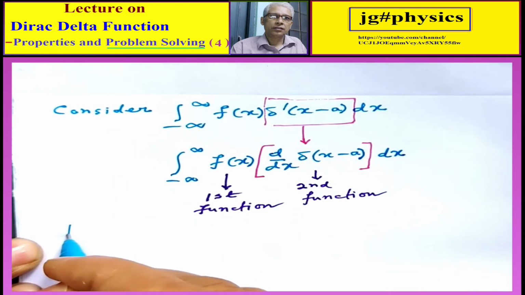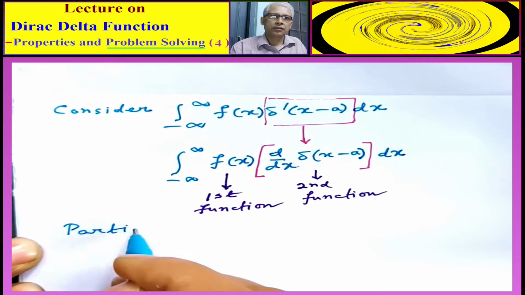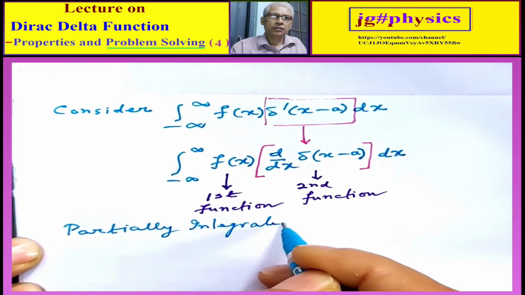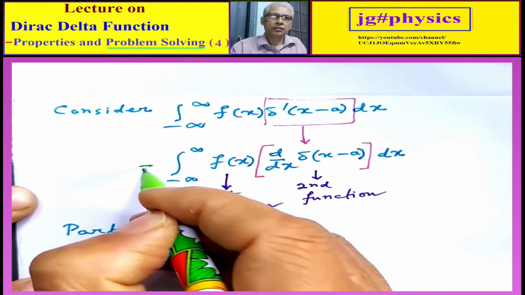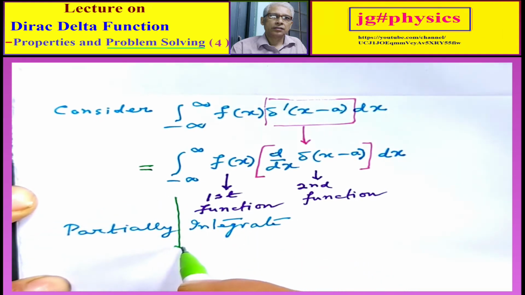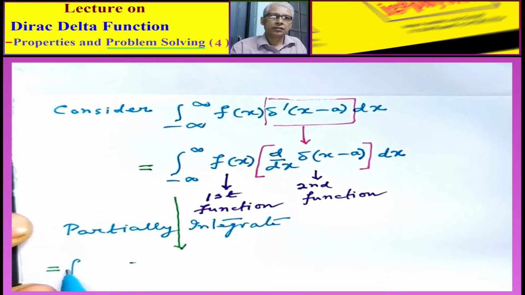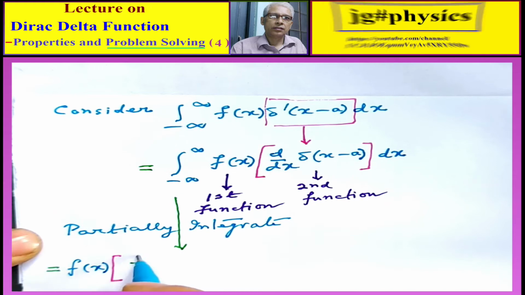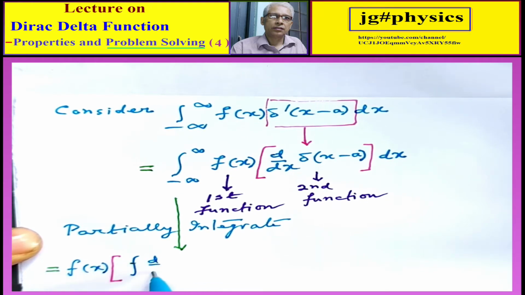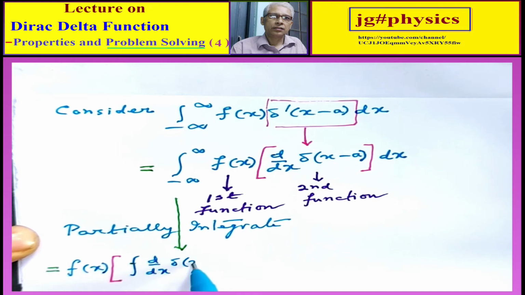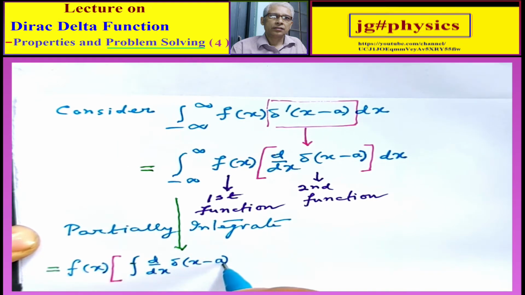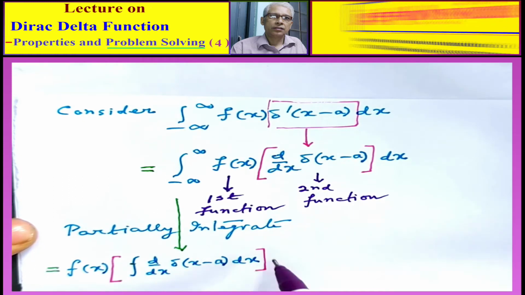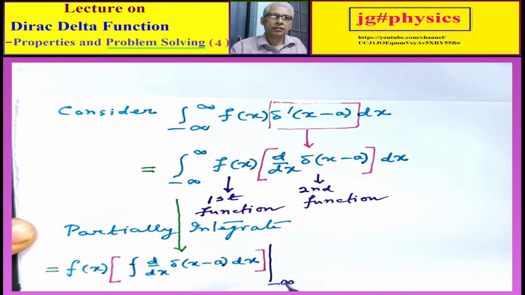We now partially integrate the above integral to get: first function f of x is unchanged, and we have to integrate over the second function, and the limits are minus infinity to plus infinity.